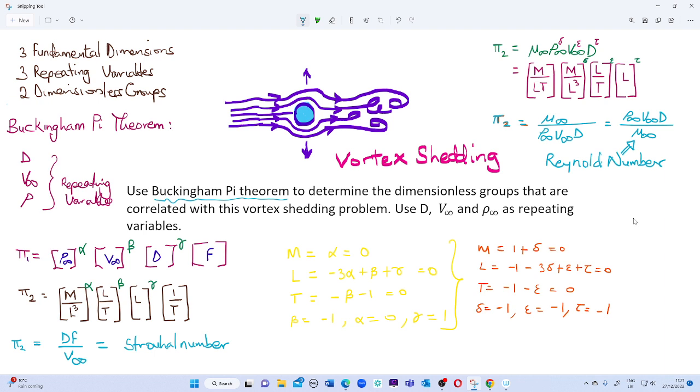The question says, use the Buckingham pi theorem to determine the dimensionless groups that are correlated with the vortex shedding problem.